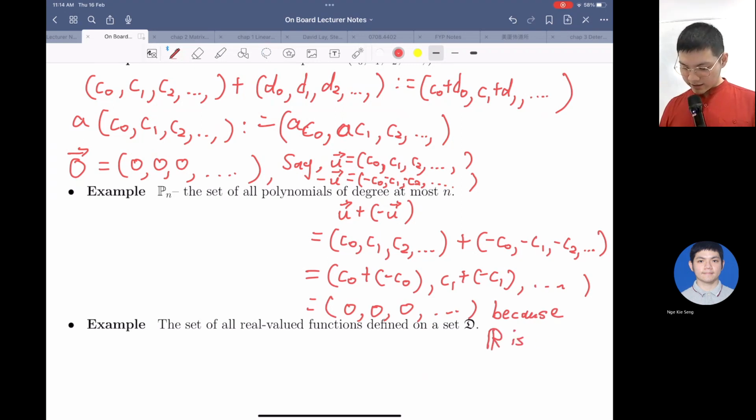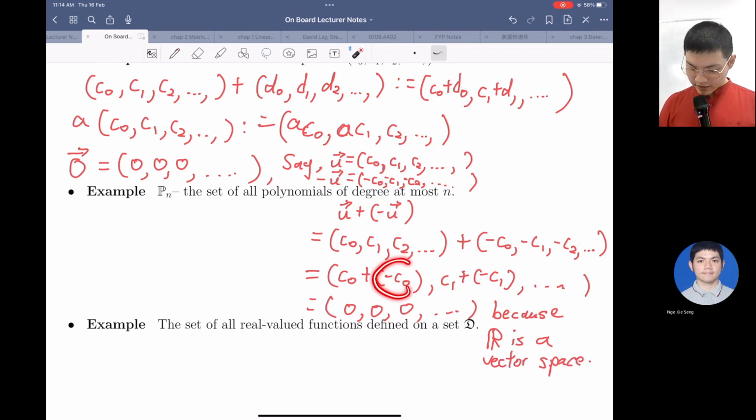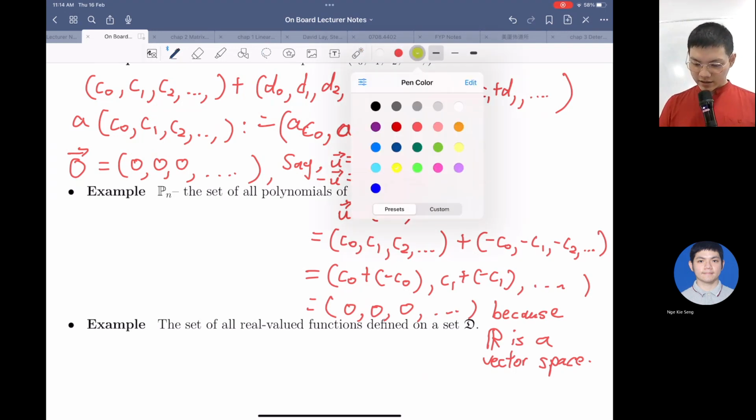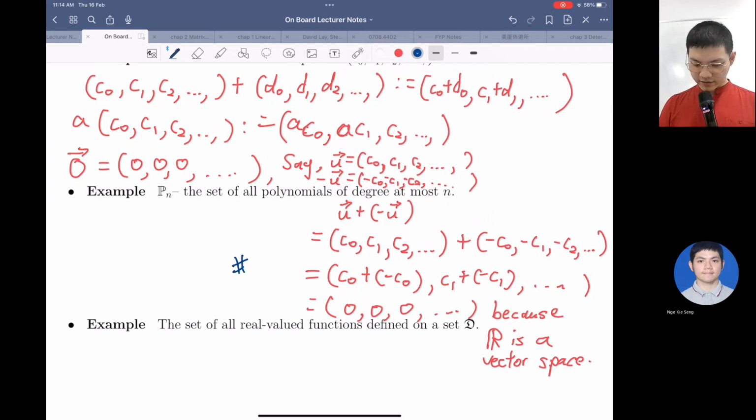R is a vector space such that minus c0 is the thing that when you add to c0, you get 0. Okay, so this is the formality of this vector space.